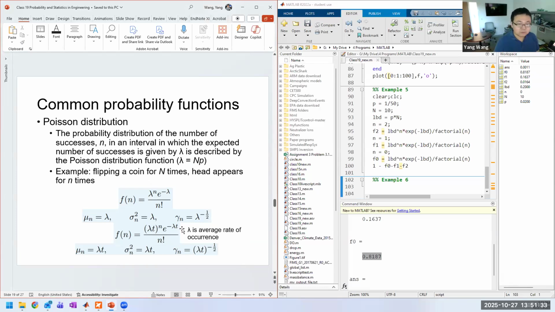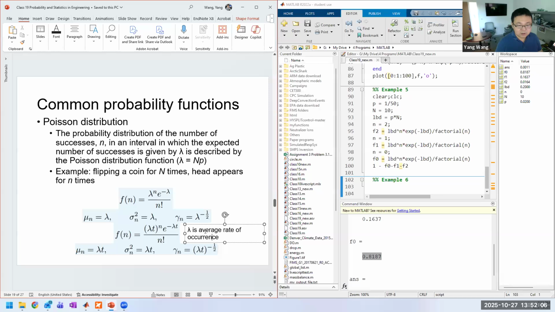So here, I want to also point out that lambda has a different meaning in terms of the discrete distribution or the continuous distribution. So in the discrete distribution, it's just the product of the number of trials and the probability. But in the continuous distribution, lambda is the average rate of occurrence. So for example, if you're talking about flipping the coin, right, the average rate of occurrence is just 50%, right? So you see, this is different compared to what we meant here, right?